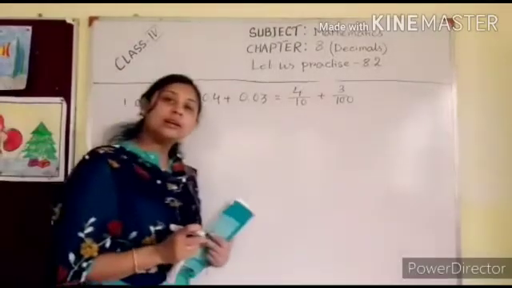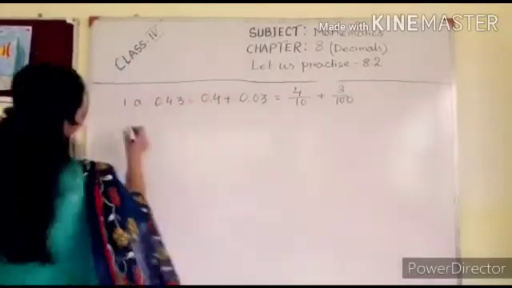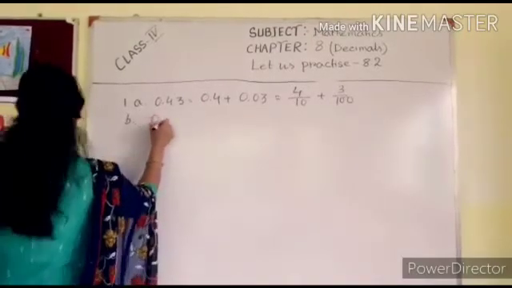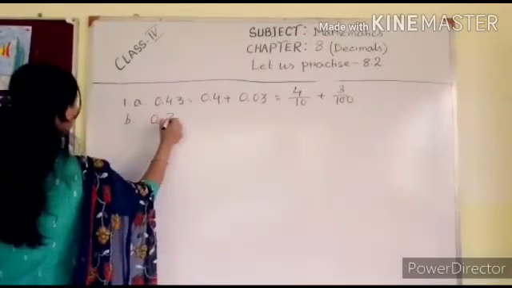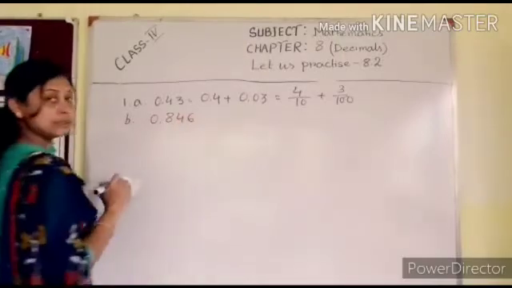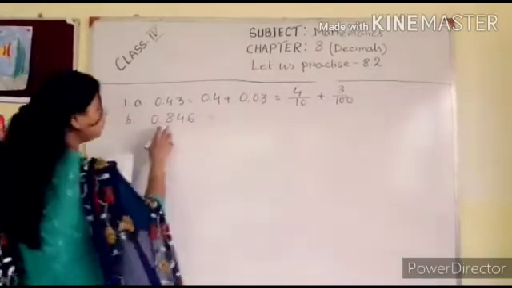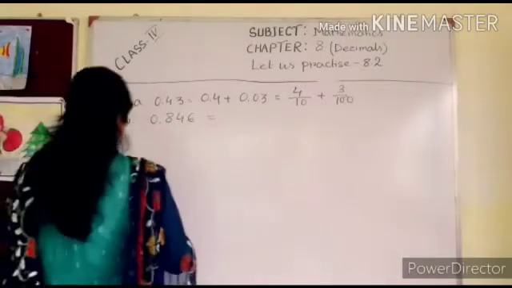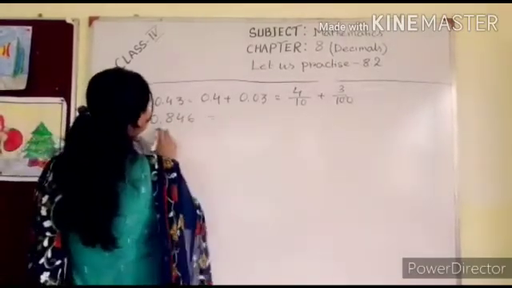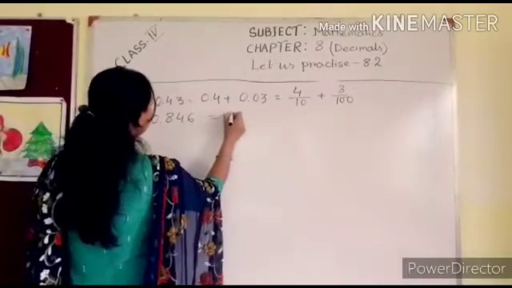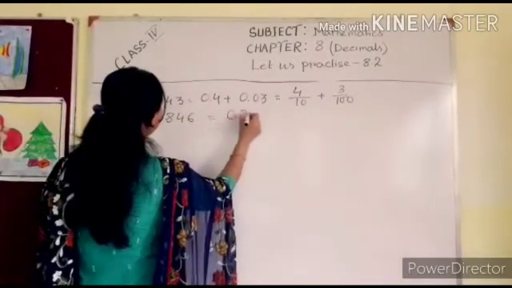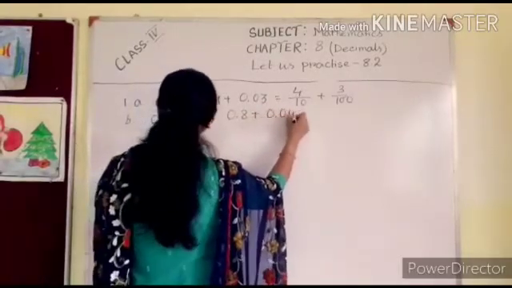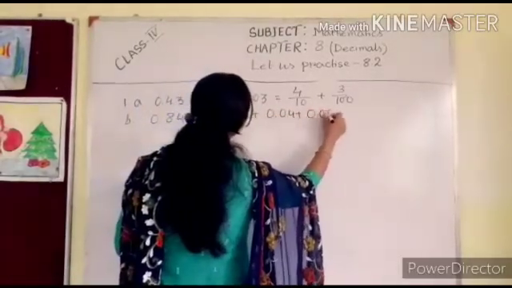Okay, clear? Now next one, B: 0.846. So 8 is in the tenths place, 4 is in the hundredths place and 6 is in the thousandths place. So you will write it in this way: 0.8 plus 0.04 plus 0.006.